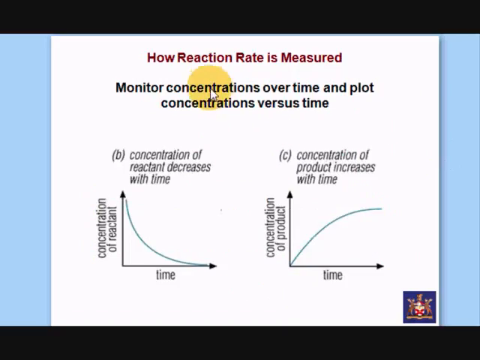Experimentally then, a reaction rate is measured by actually monitoring concentrations over time and doing a plot. And then by analysing the graphs, you're in a position to measure reaction rate by working with the slopes, etc. As has been said, for the reactant, its concentration decreases with time, and on the other hand, the product concentration increases with time.